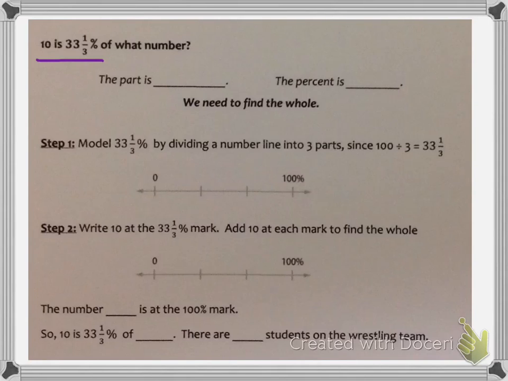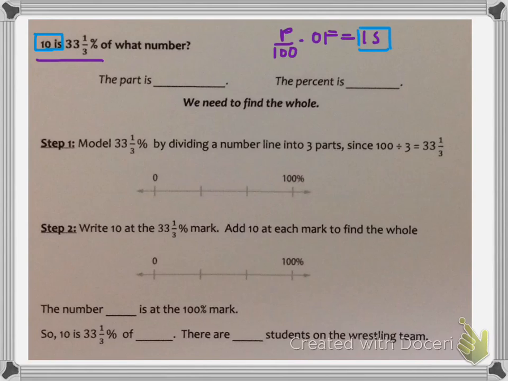Well, if you remember our P over 100 times of equals is, the part was back here at the end. So the percent times the whole equals the part. So that right there is the part.